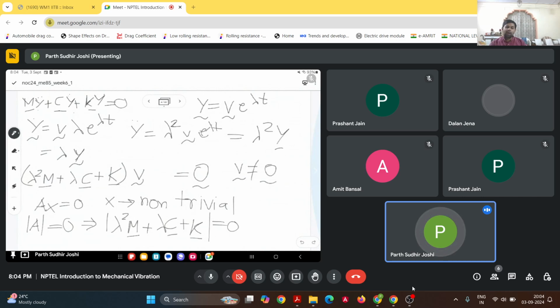This is the same as what you usually do when you are given a second order ordinary differential equation: we substitute y equal to some a e to the power st in the differential equation and find the roots of the characteristic equation in terms of s, and depending on the nature of roots, which I just talked about.